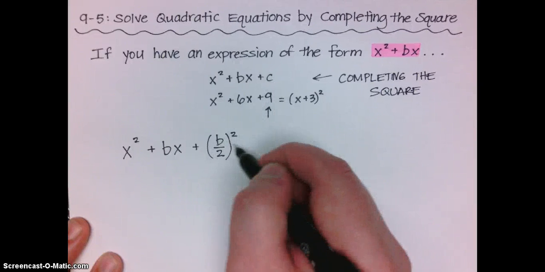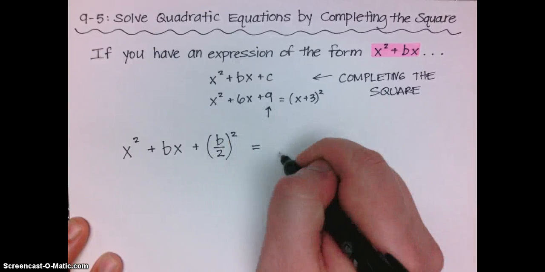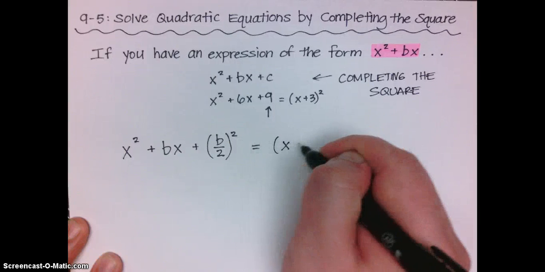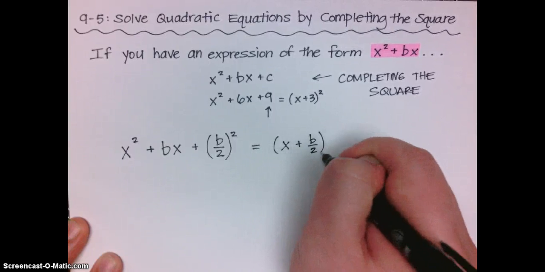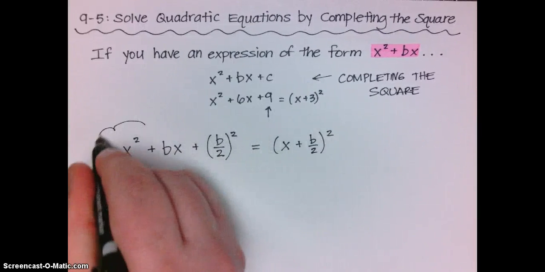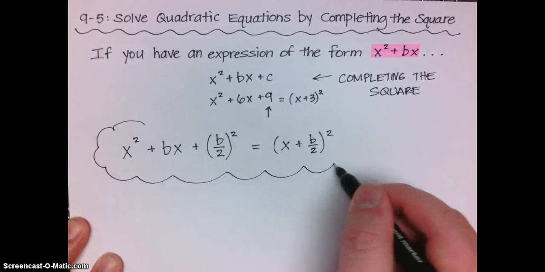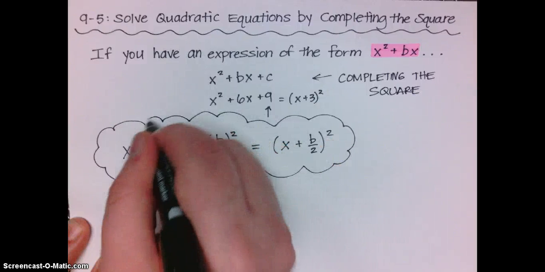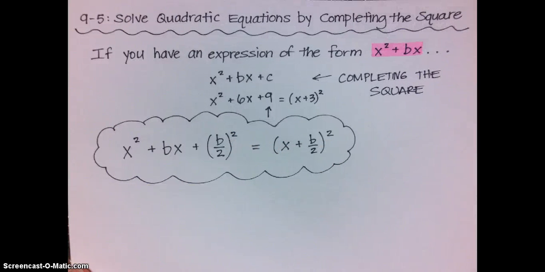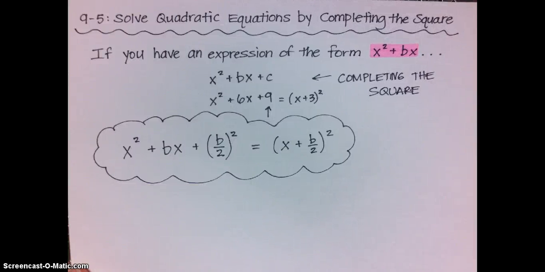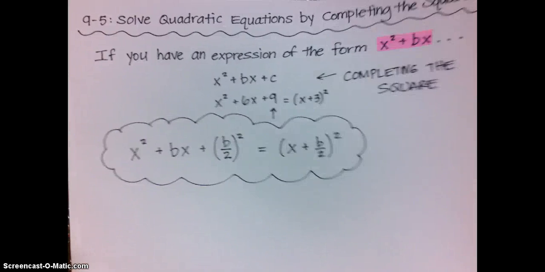So this is what we are looking for, just in general, to be able to rewrite it in the form x plus b divided by 2 and having that whole thing squared. So this is something that I'm going to bubble. It's going to be very helpful in this whole lesson. So why don't we look at an example and do this ourselves, okay?